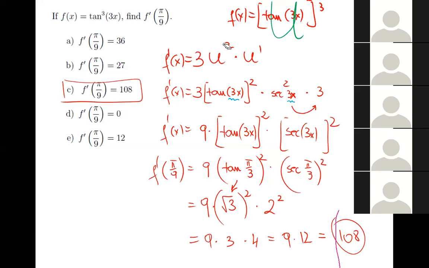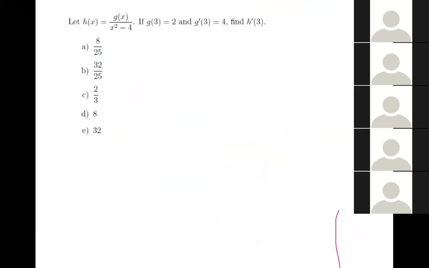Okay, now let's look at the product and the quotient rule. Let's check if we remember the quotient rule. h of x equals g of x over x squared minus 4. We have some values: g at 3 is 2, g prime at 3 is 4. We have to find h prime at 3. That means function h is defined as g over x squared minus 4, and we have to differentiate first.